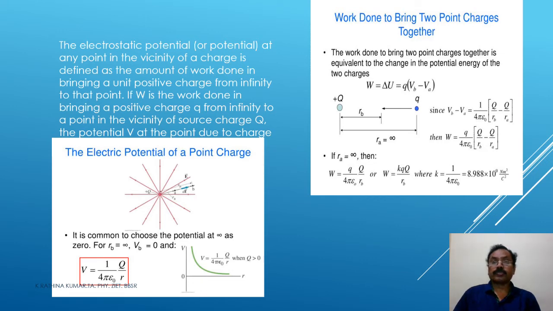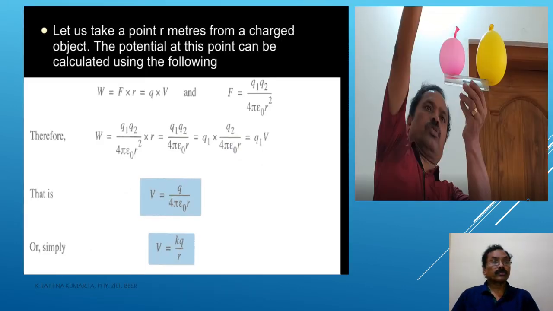Next, let us take a point r meters from the charged object. The potential at this point can be calculated using the following equations.